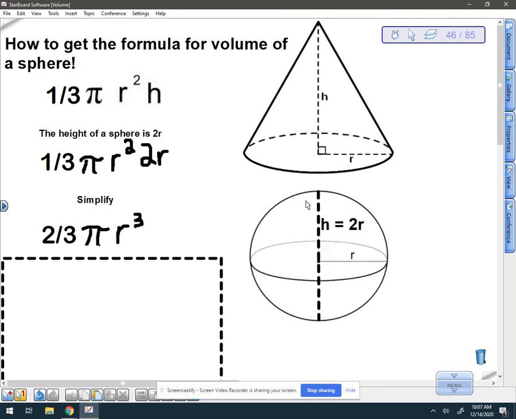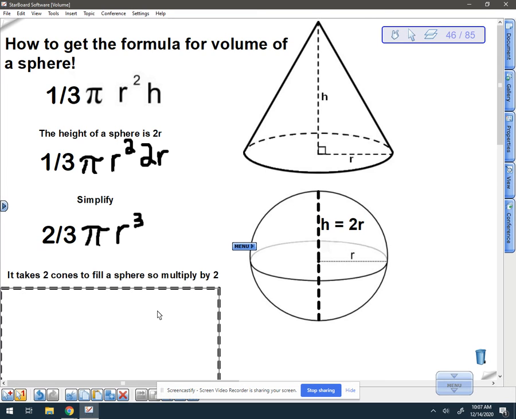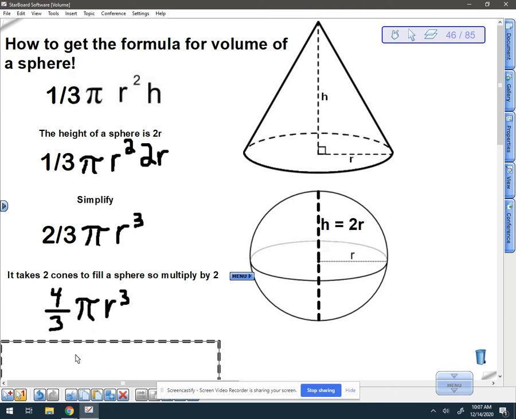If we did that same experiment, took a cone, filled it up with water, poured it into a sphere, it would take 2 cones to fill up a sphere. So you would take this and multiply it by 2. They just did 2 times that, and that's how they got the formula.